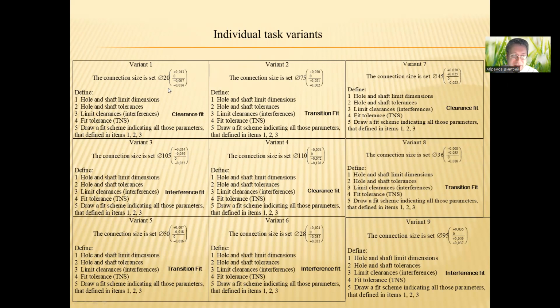Choose your variant and calculate all these parameters: hole and shaft limit dimensions, hole and shaft tolerances, limit clearances, fit tolerance. Draw a fit scheme indicating all those parameters that you defined in items 1, 2, and 3. Do it now.